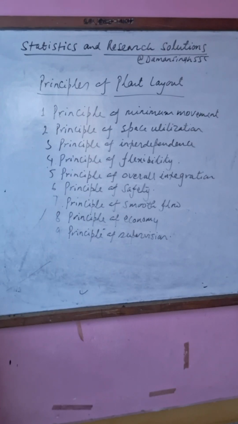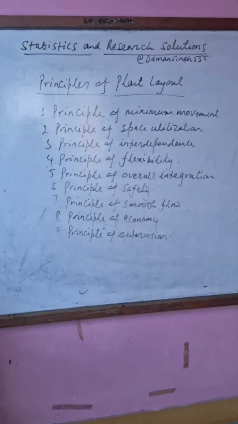The first principle is the principle of minimum movement. In manufacturing companies or some service companies, mainly in manufacturing companies, plant layout is very important. So these are the principles of plant layout only.